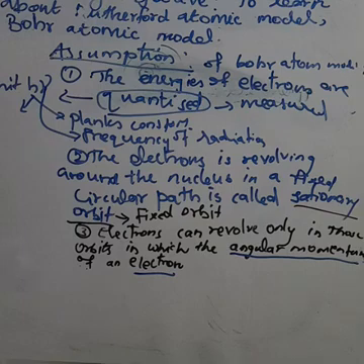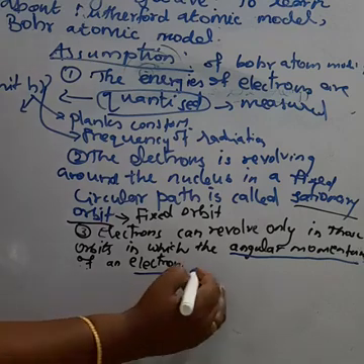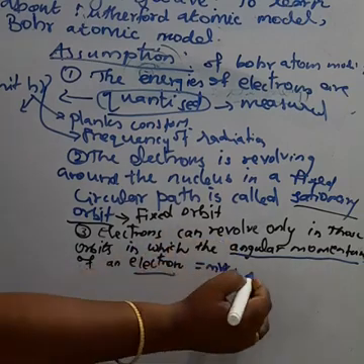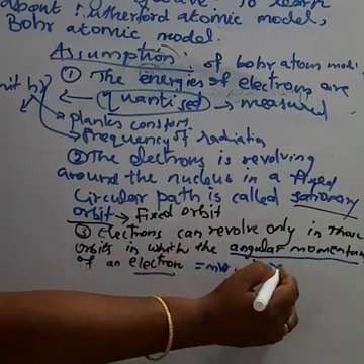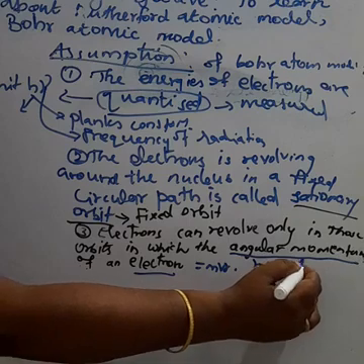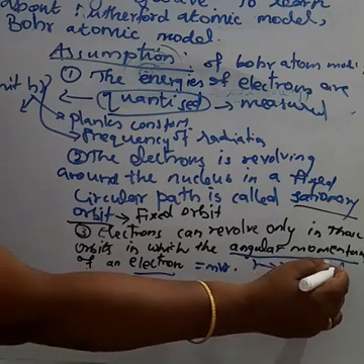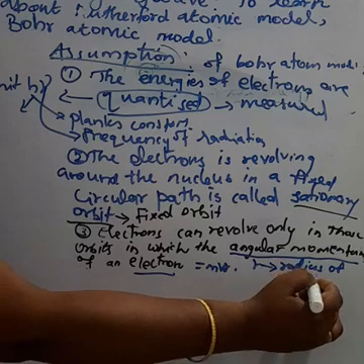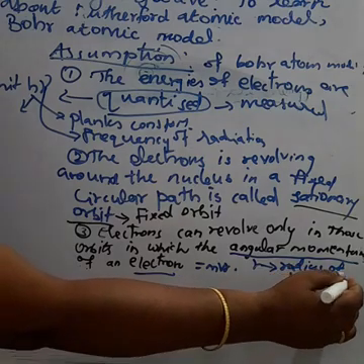The electron can revolve only in the orbit in which the angular momentum of an electron, that is called MVR. Angular momentum is MVR. Here, what do you mean by R? R means radius of the nth orbit. What do you mean by nth orbit?